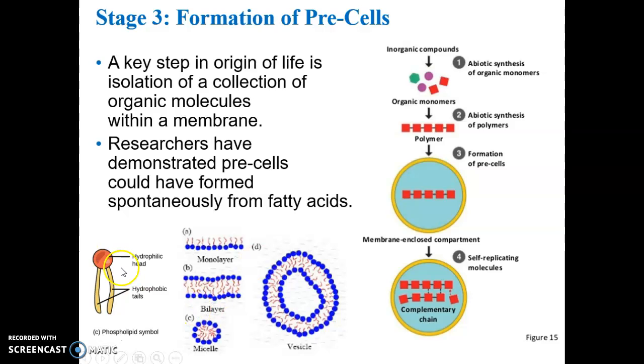You remember the phospholipids have a phosphate group that's hydrophilic, meaning it likes water, attracted to aqueous environments. And the hydrophobic tails are fatty acid chains that are repelled by water. So these vesicles can self-assemble. These pre-cells can self-assemble.